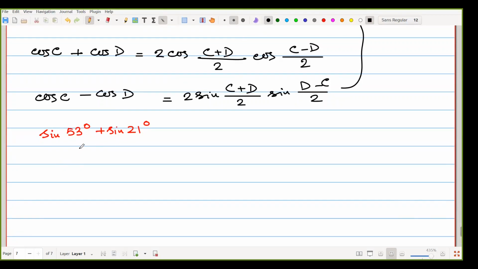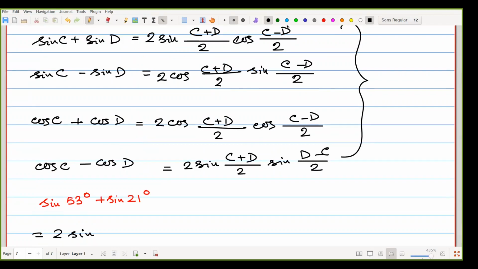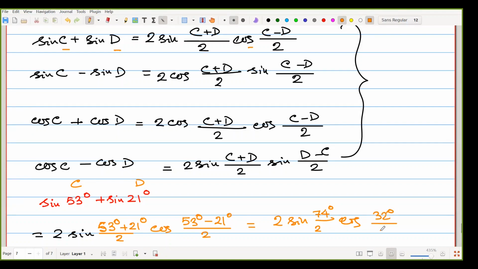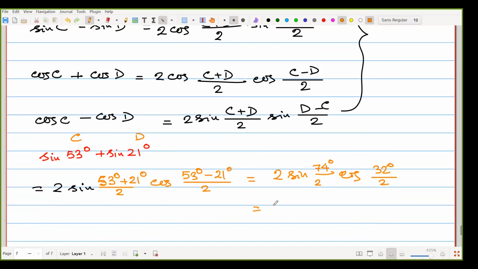So here we can write sine 53 degree plus sine 21 degree, that is C, that is D. So 2 of sine, look at the formula here, that is sine C plus sine D. We can write it as 2 of sine C plus D, that means 53 plus 21 divided by 2 into cos of C minus D, that means 53 minus 21 divided by 2, or we are getting the result as 2 of sine 74 degree divided by 2 into cos of 32 degree divided by 2, or we have that one as 2 of sine 37 degree into cos of 16 degree.